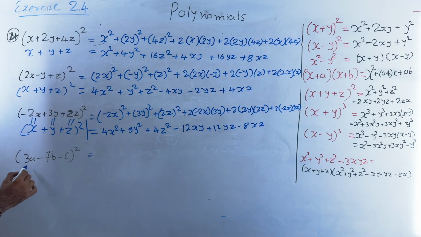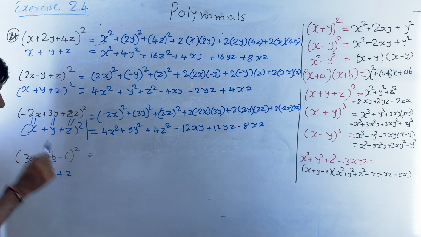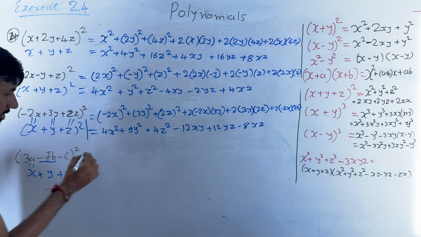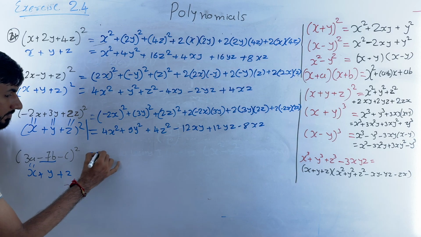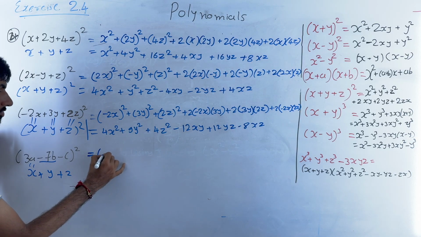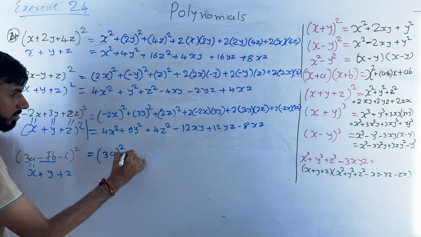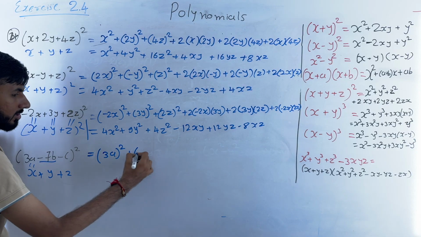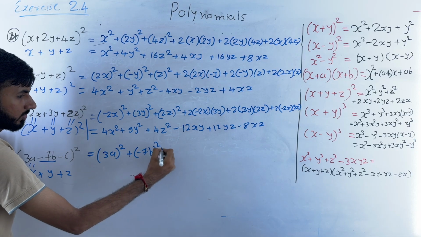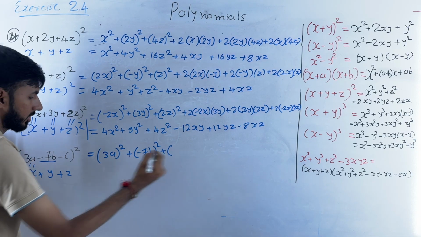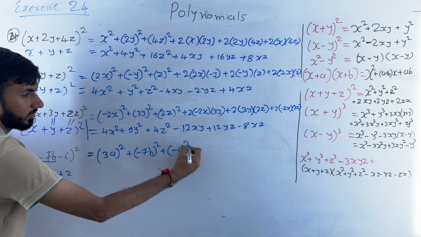Now fourth one, that is compare it with x plus y plus z. So you get x is equal to 3a, y is equal to, don't forget sign, minus 7b, z equal to minus c, right? So my final answer will be x square, that is 3a whole square plus y square that is minus 7b whole square plus z square that is minus c whole square, right?